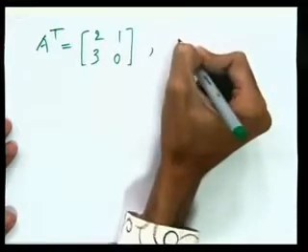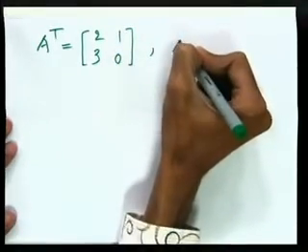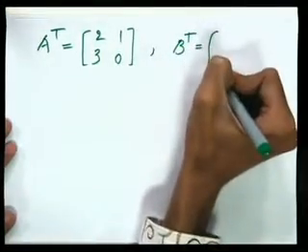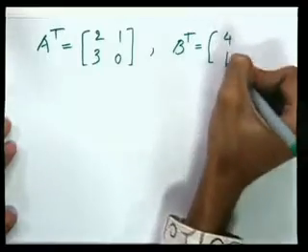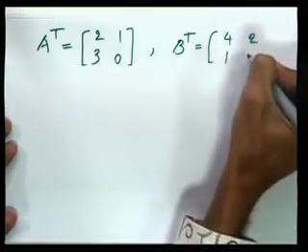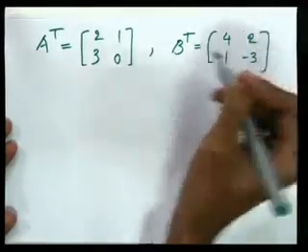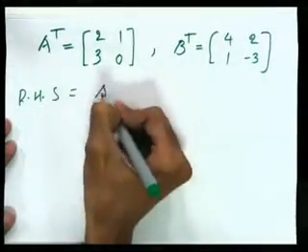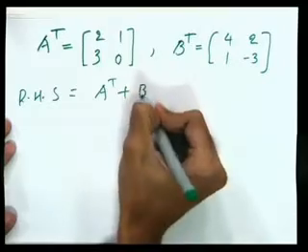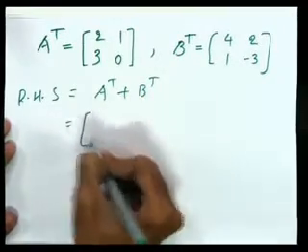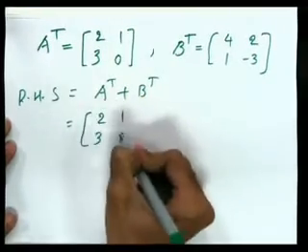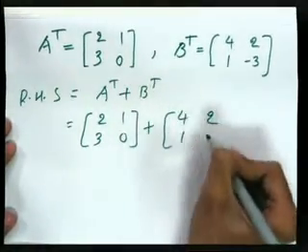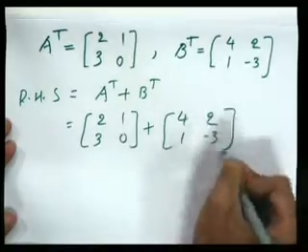In the same way, transpose of B is equal to 4 1 and 2 minus 3. So our right hand side is transpose of A plus transpose of B, which is equal to 2 1 3 0 with the addition of 4 2 1 minus 3.